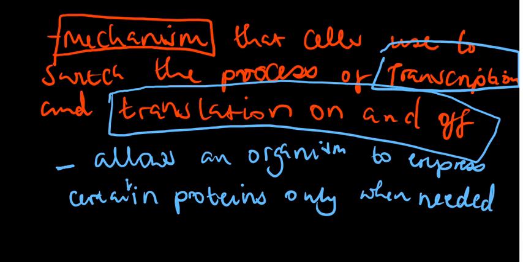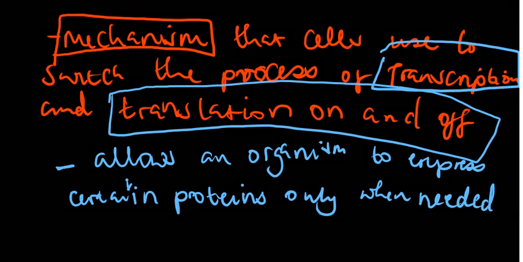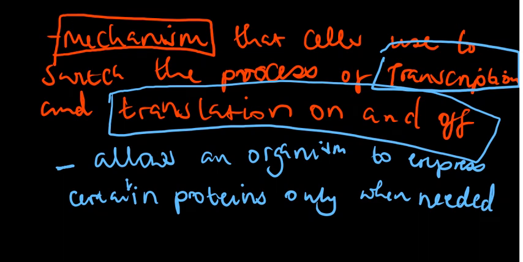For instance, the enzymes that are in your stomach. It's not all the time that they need to be there working. So they can only be expressed when there is need. Because of this, it preserves resources.